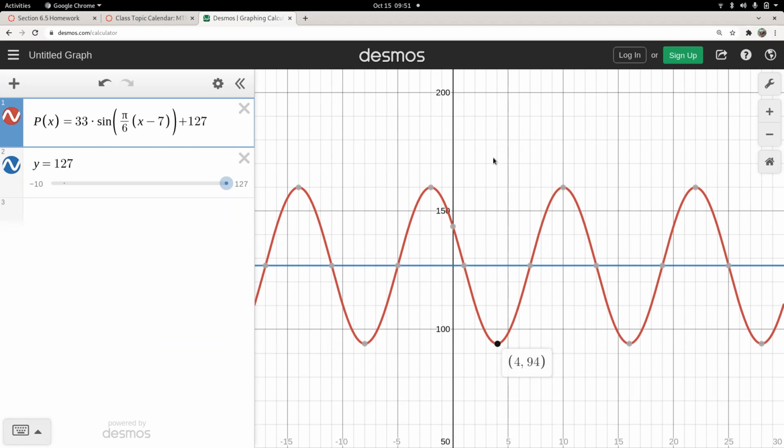Okay, why do I think this might not be right? Because they counted January as 0, and I was thinking of January as 1. Counting on my fingers, January, February, March, April. April is 3 months.